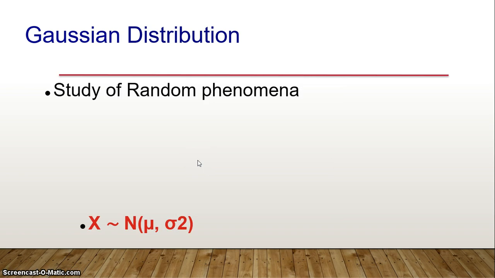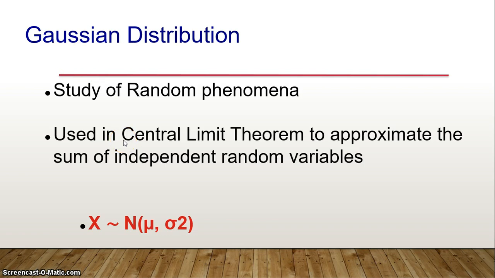So where do we use Gaussian? In the study of random phenomena. Whenever I want to study any random phenomenon, for example the current, or estimate a parameter which is random in nature, then I use Gaussian. You also use it when you have a large number of random variables.